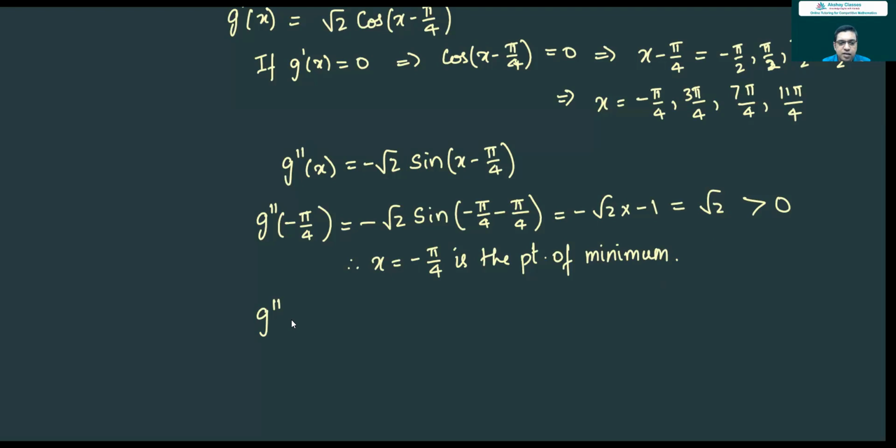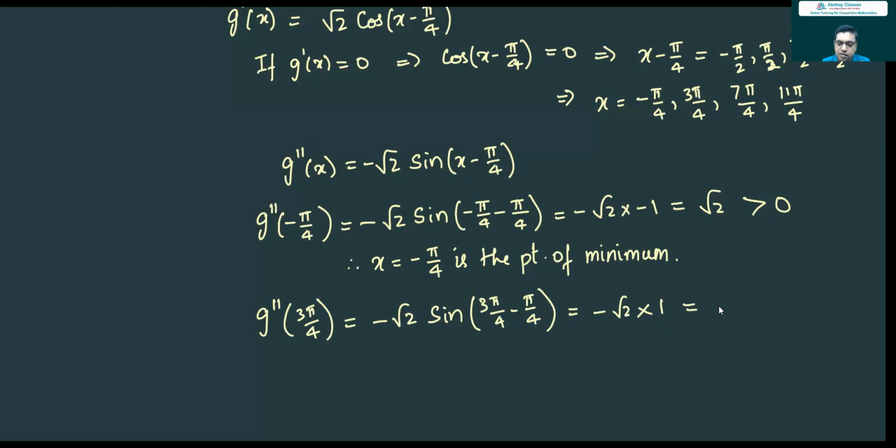All right. Now second derivative at 3 pi by 4 is minus root 2 sine of 3 pi by 4 minus pi by 4, that gives us pi by 2, and sine pi by 2 is 1. So minus root 2.